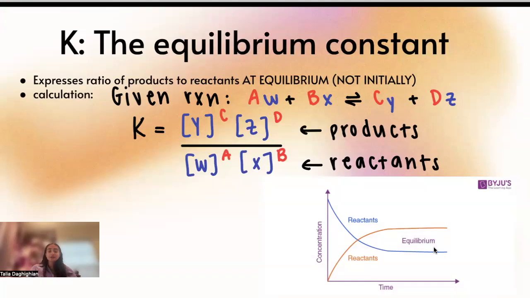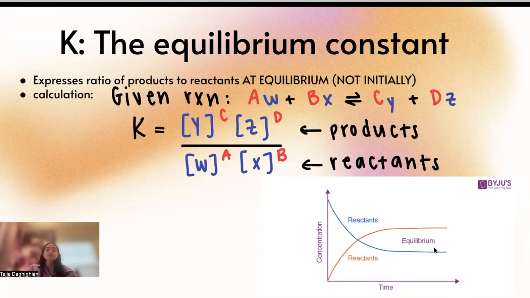So when you're given the concentrations of your different chemicals at equilibrium, we can calculate K with the equation that I've written on the screen. So if we have the reaction of W and X in equilibrium with Y and Z with the stoichiometric coefficients A, B, C, and D, we can write our K expression as the concentration of the products over the concentration of the reactants.